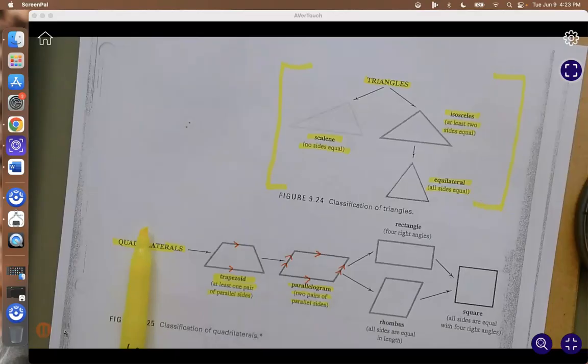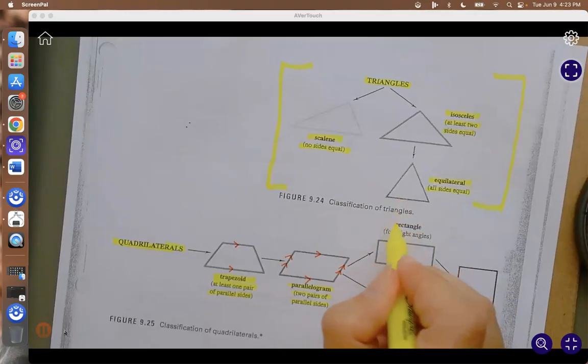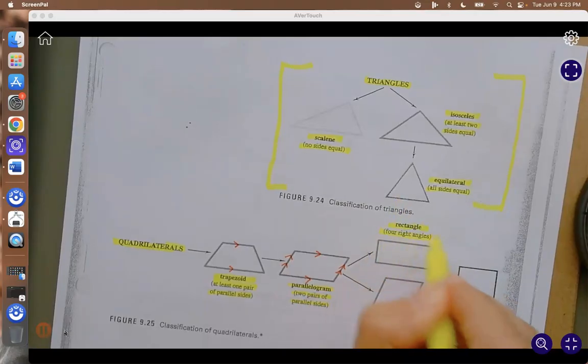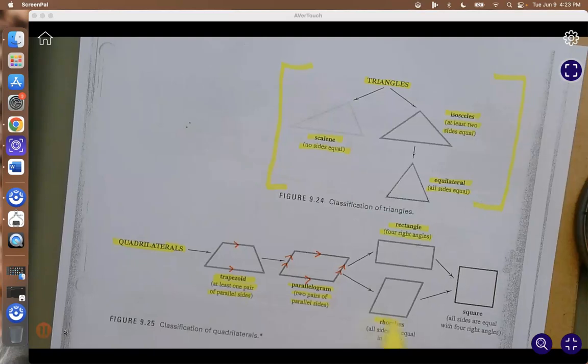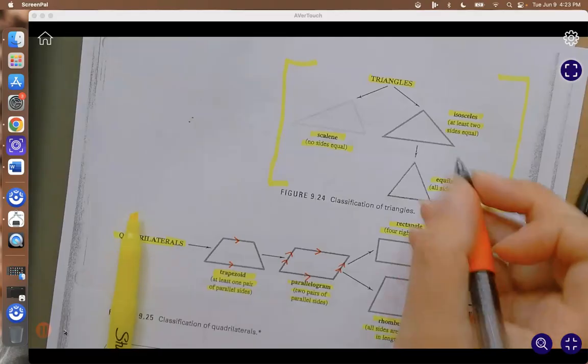Okay, from there, you have a rectangle, which has 4 right angles, and a rhombus has 4 equal sides.